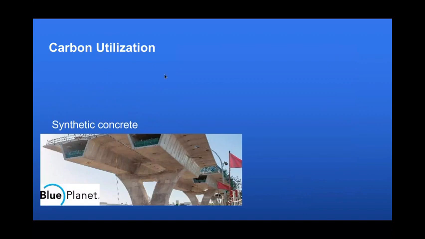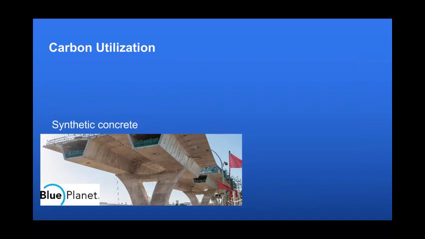Carbon utilization is something I wanted to also mention. Once you get the carbon dioxide from the air, you have to do something with it. And remember, from that definition of carbon dioxide removal, you can have it durably stored in oceans or land or in products. Here are some examples of products where you can store a significant amount of carbon.